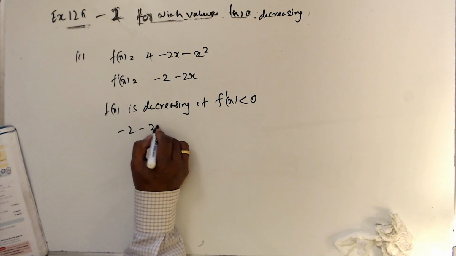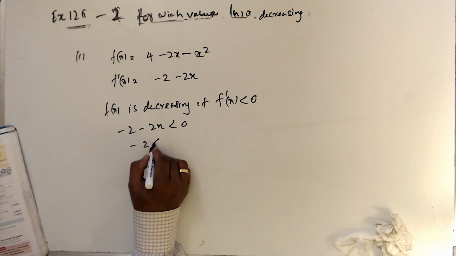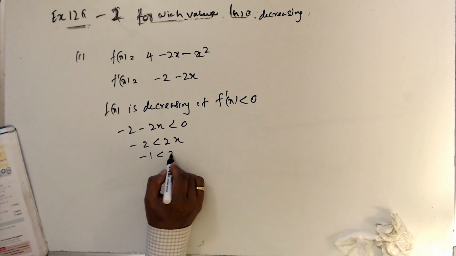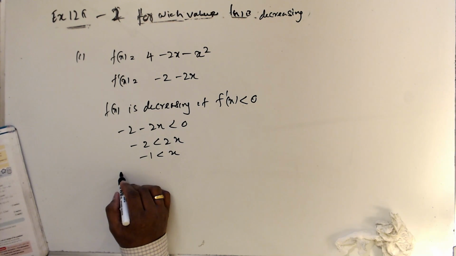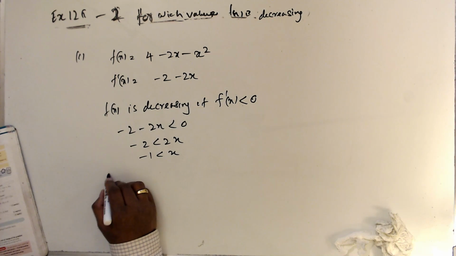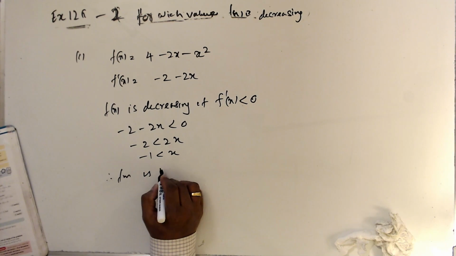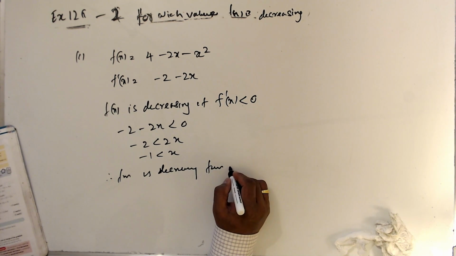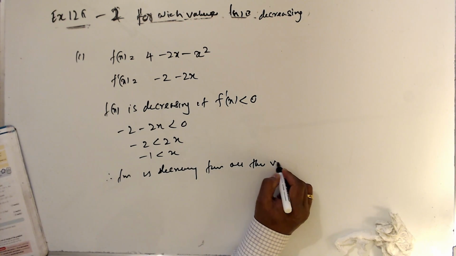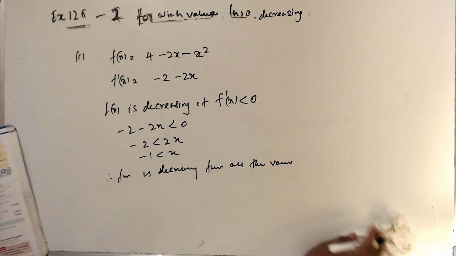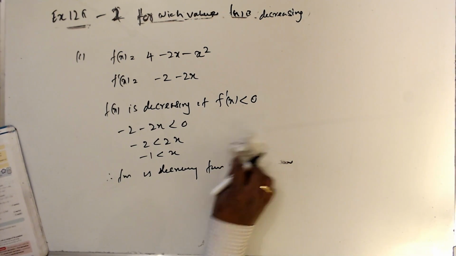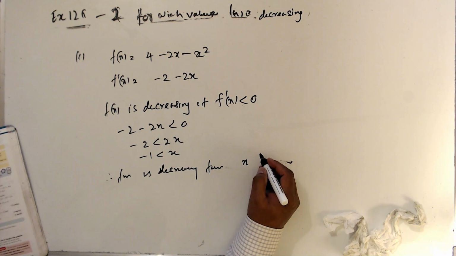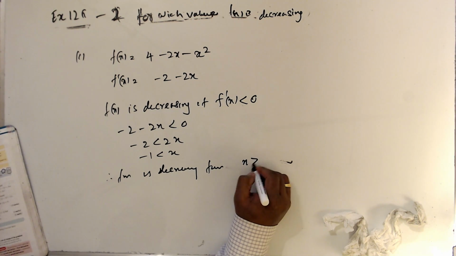It means minus 2 minus 2x is less than 0, minus 2 is less than 2x, the 2 and 2 cancel out, minus 1 is less than x. Hence f x is decreasing for all values of x greater than minus 1.